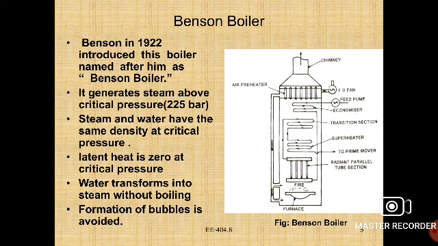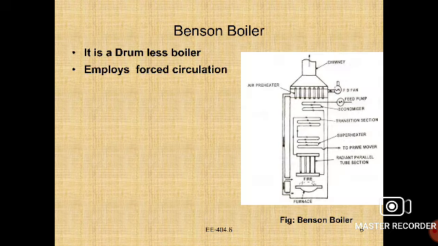The water and steam then move to the transition section, where it is converted into steam. The steam is then passed through the superheater, where it is superheated. Finally the superheated steam is supplied to the prime mover. This is the working of the Benson boiler.